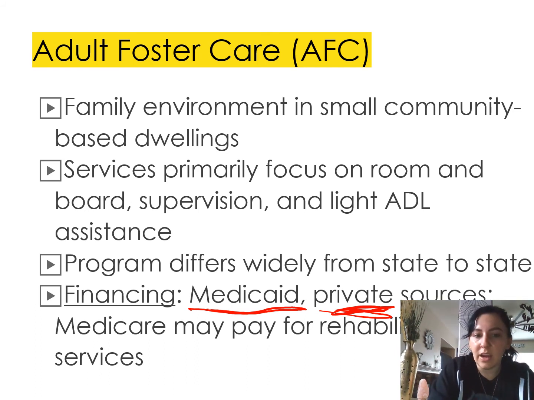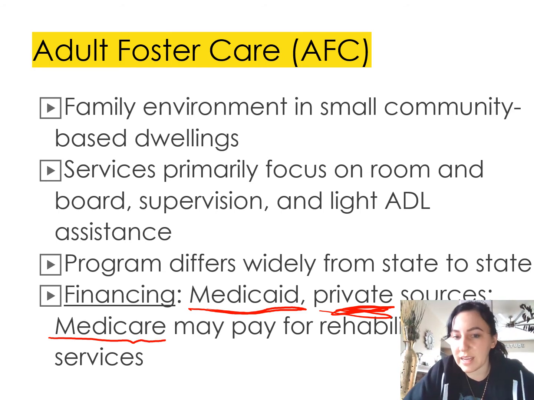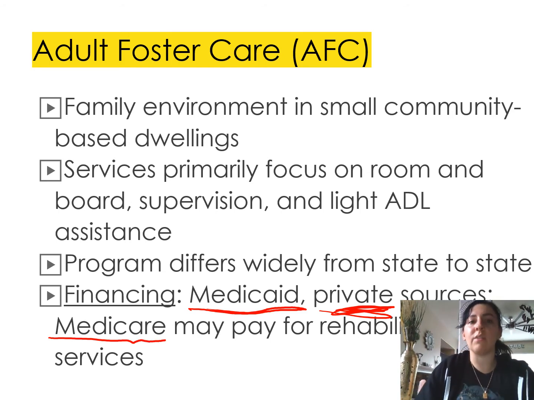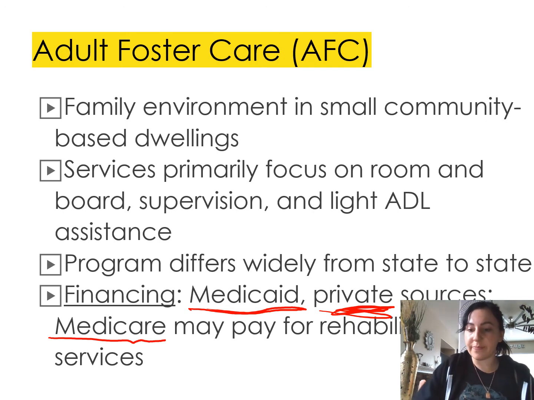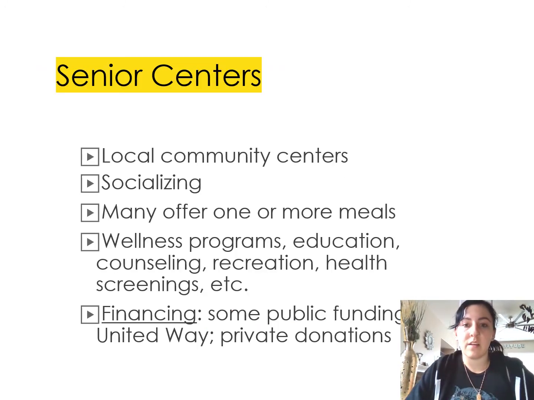And also Medicare will pay for certain things that are medical or rehab related. Okay, so it's not going to pay for the adult foster care itself, but if there is medical stuff or rehab that is being provided for the patient, then Medicare will cover that.